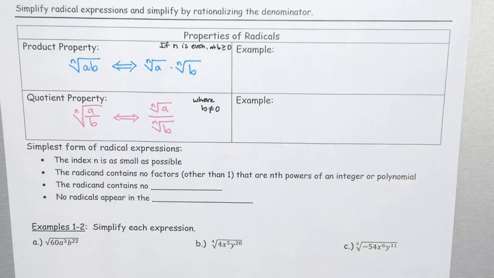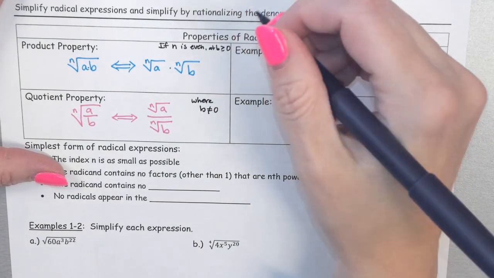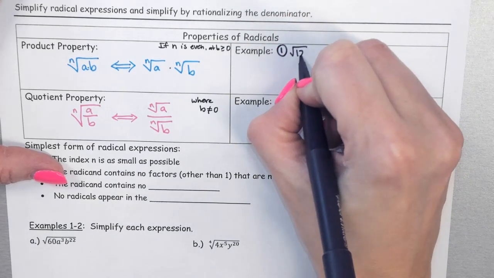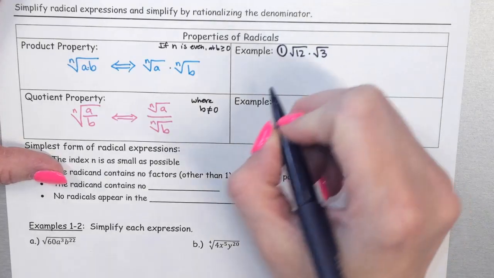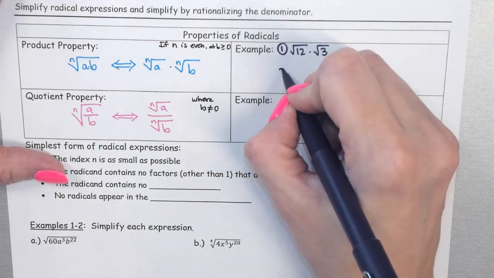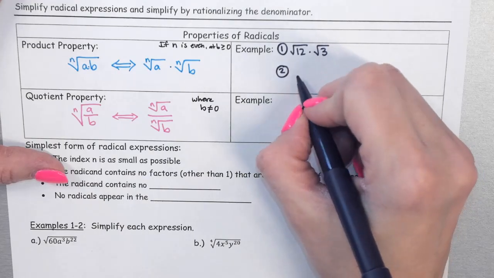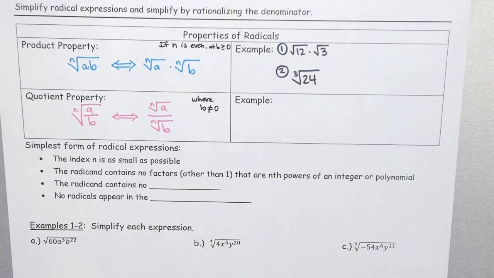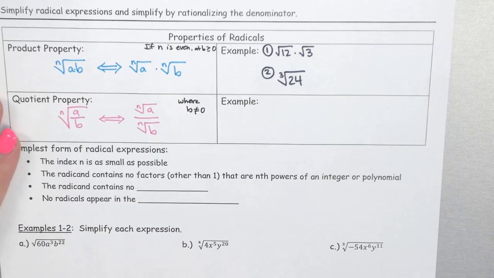All right, so in the example part, I want you guys to try these first two based on those properties. So root 12 times root 3, I want you to see if you can simplify that. And then the cube root of 24, let's see if you can simplify those.